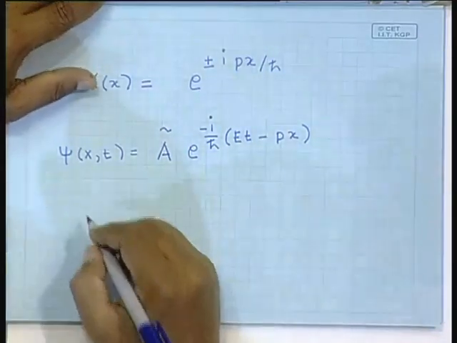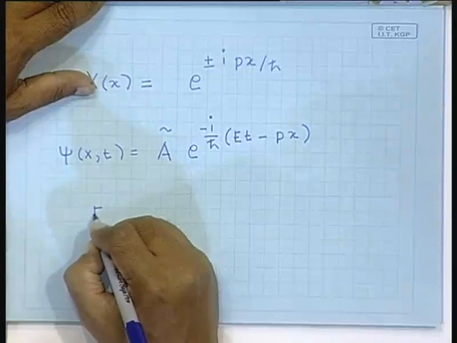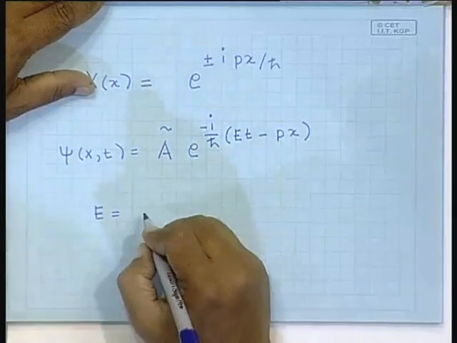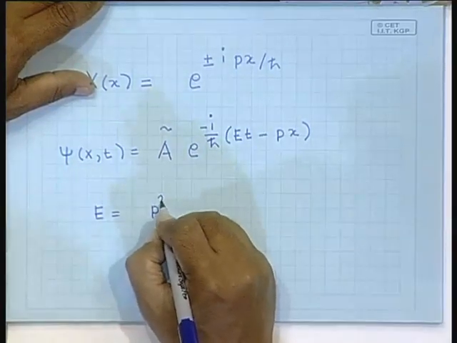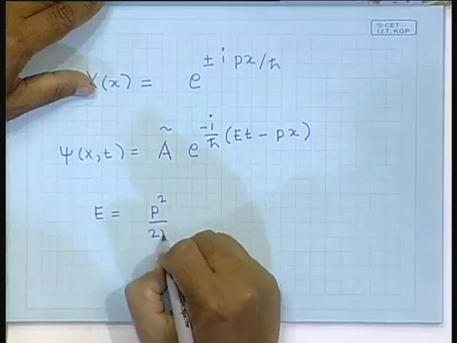And these E and P are related as follows: E is equal to P square by 2 m.